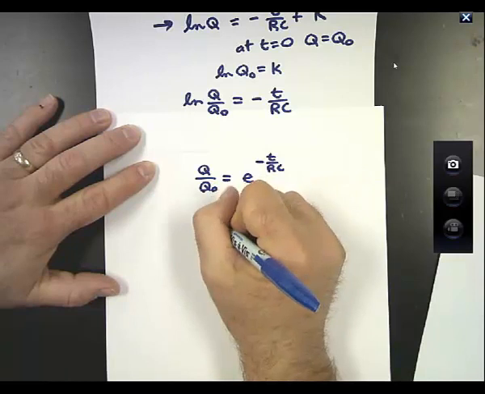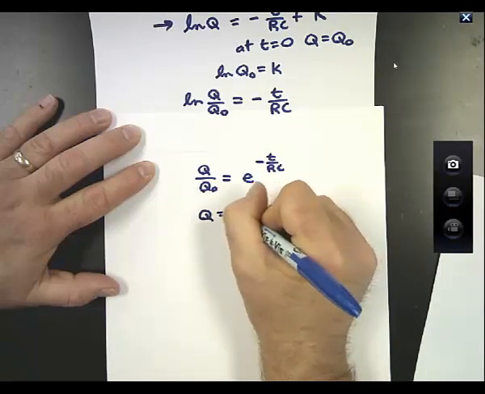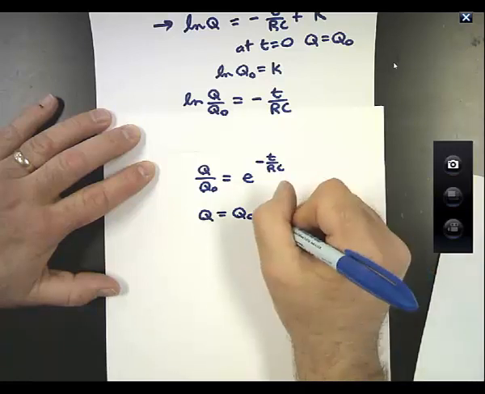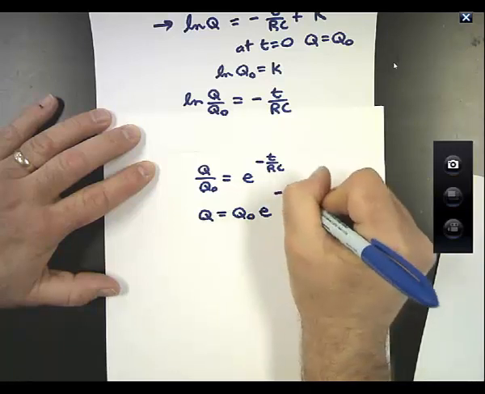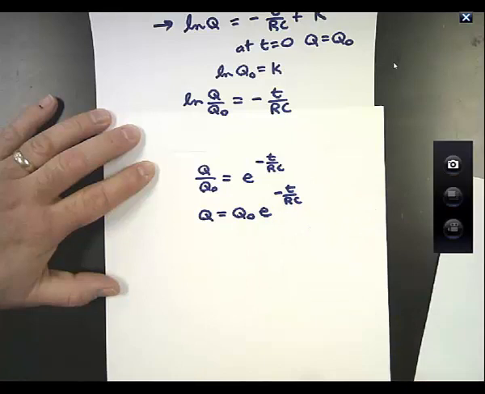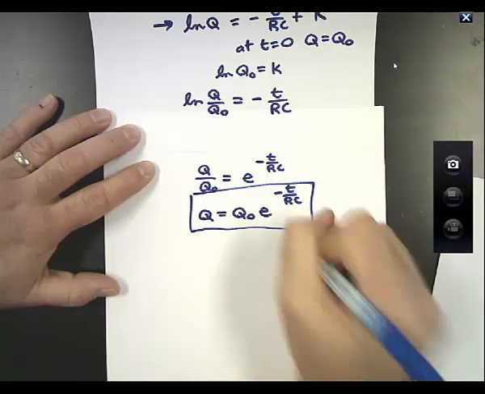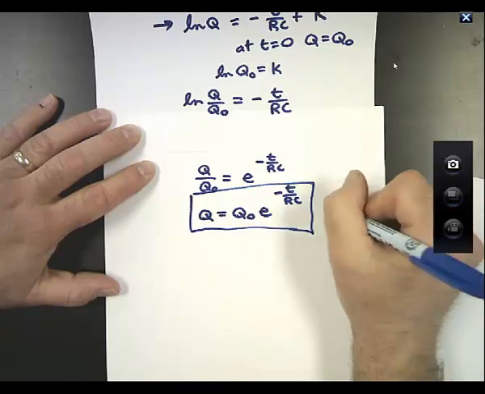Rearrange slightly, the charge at any time is equal to the maximum charge, the fully charged capacitor, times e to the minus t over RC. So this is the equation of the charge on a discharging capacitor at any time.